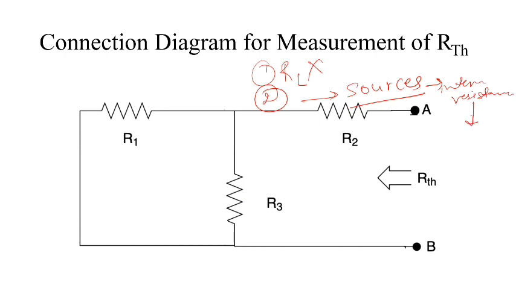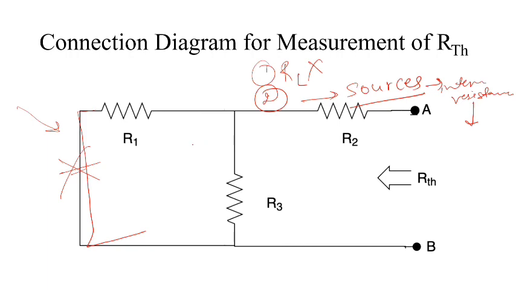Meaning, if there is a voltage source, you are going to replace that voltage source with a short circuit. Try to remember, in the first circuit there was a voltage source here, but we have removed this voltage source for the connection diagram of measurement of RTH.